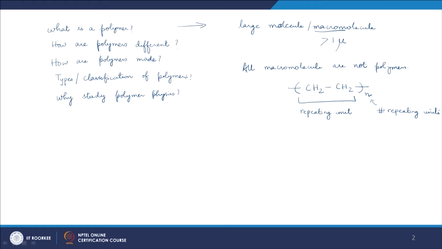Now, as you probably know, if the N is very small, let us say if N equal to 1 or N equal to 2, what you have is what we call alkanes, for example butane, pentane and so on. They are not polymers. On the other hand, if the N becomes slightly larger like 10 or 20, we refer to them as oligomers. We call it a polymer when N is really very high.